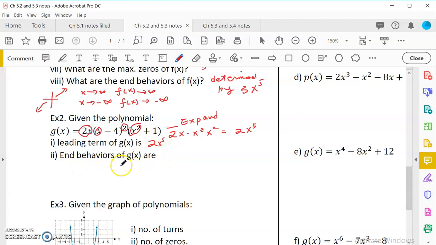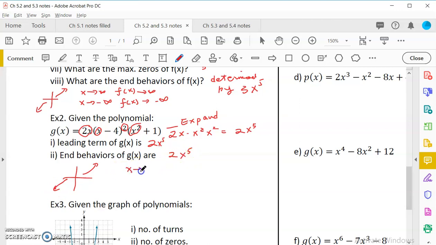What is the end behavior? Well, again, end behavior depends on the leading term. And this is an odd power, right? And positive, so just like the last one. So it would be drop to the left side, rise to the right side. So again, the same. The whole polynomial has a lot of terms, but the end behavior is the same as the leading term.